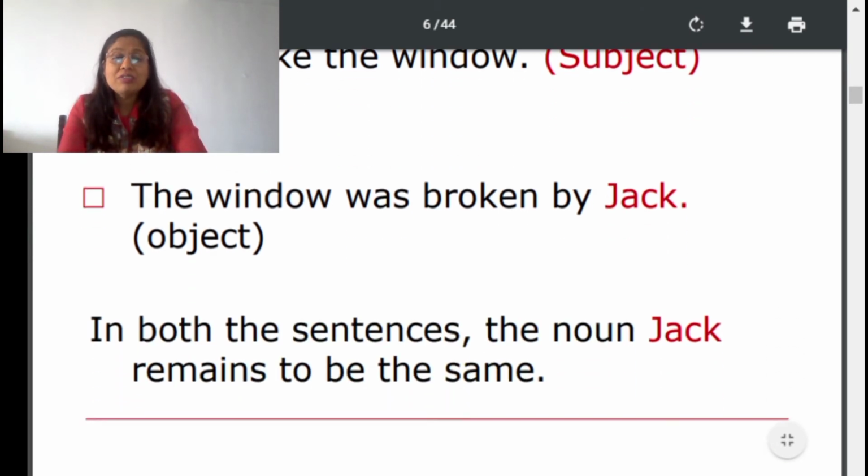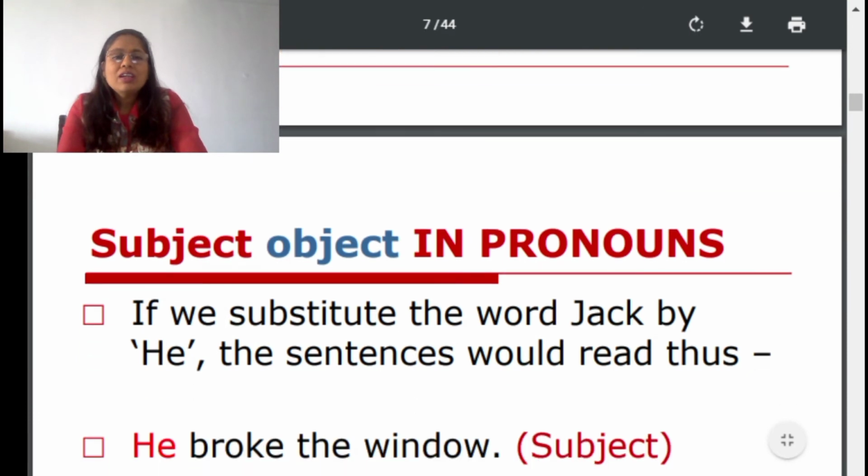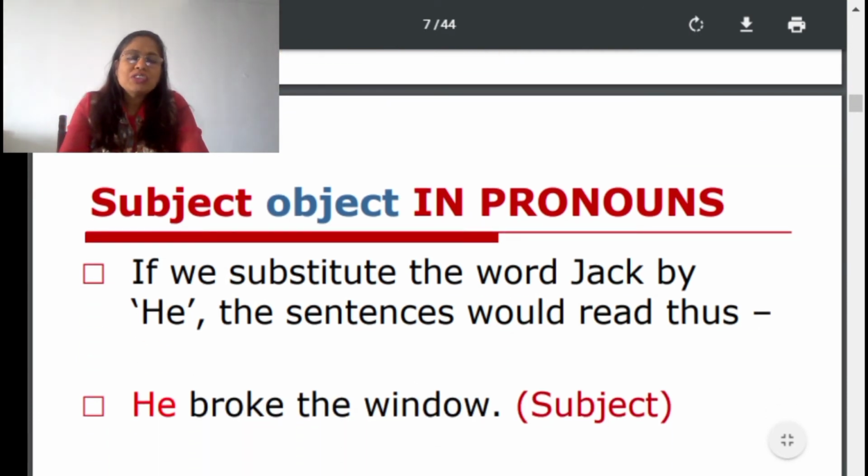Is this the case with pronouns too? Let us see how the subject and object combination changes in the case of pronouns. If we substitute the word Jack by he, the sentences would read like this.